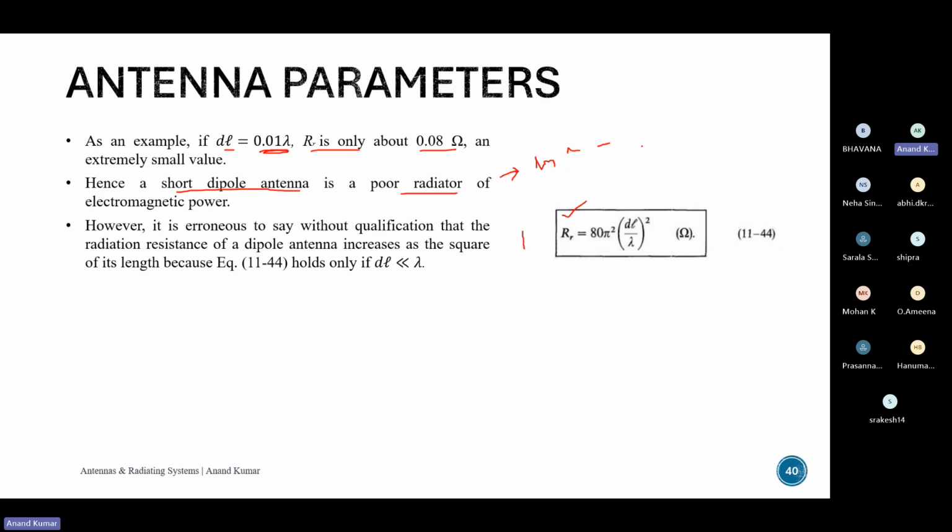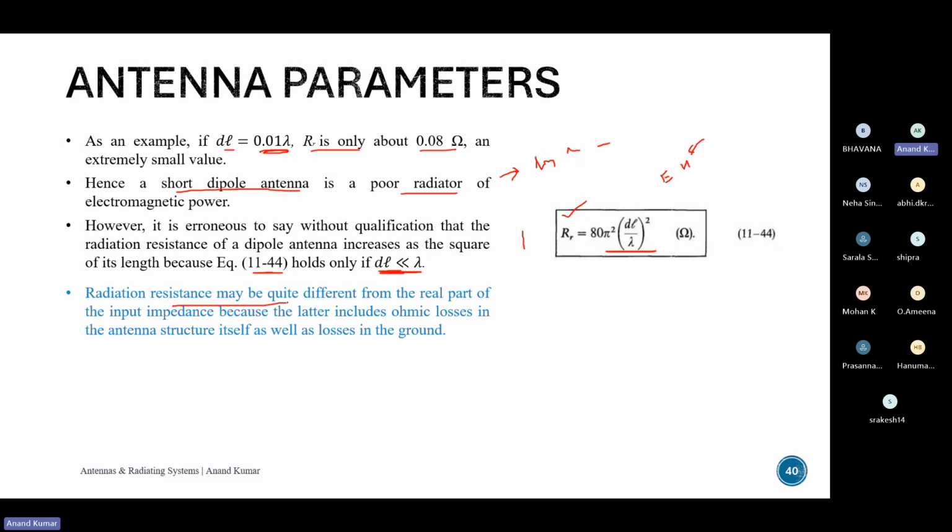When we were calculating the electric field and magnetic field, we assumed there is equal current distribution. So we cannot directly say that a longer dipole is better without actually calculating that, because dl should be much less than lambda for this expression to hold true. This expression holds only if the electric field and magnetic field expressions that we used from the Hertzian dipole are correct, and they're correct only when the current distribution along the dipole is constant.